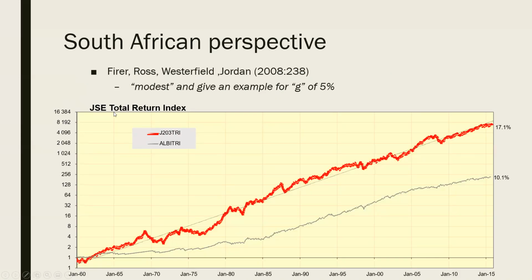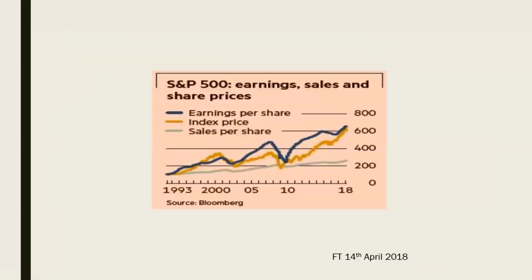If you compare that to the actual returns that investors have had on the JSE since 1960, and these are total returns, including dividends, you can see that the average has been about 17%. So shareholders have been getting, on average, 17% for 50 years. Why are we using 5%? It just is a big difference.